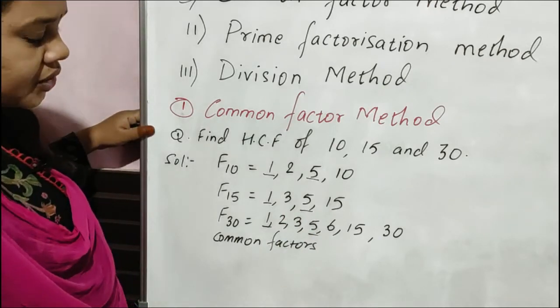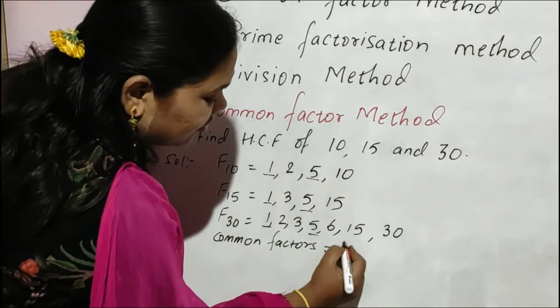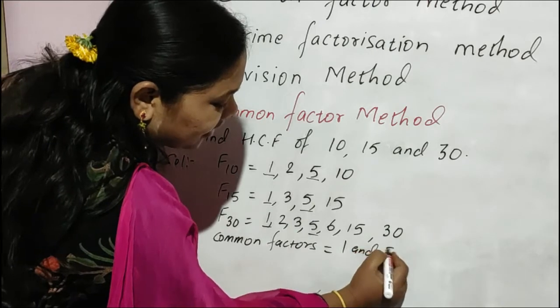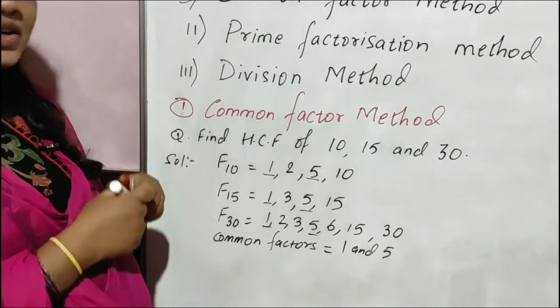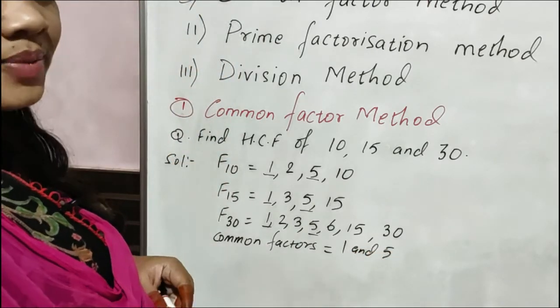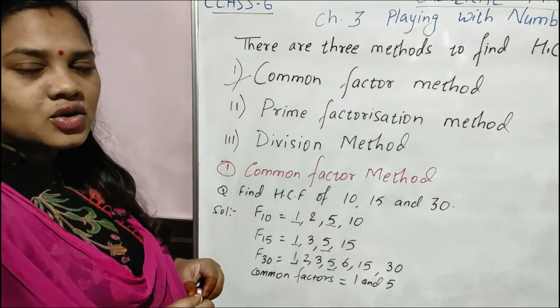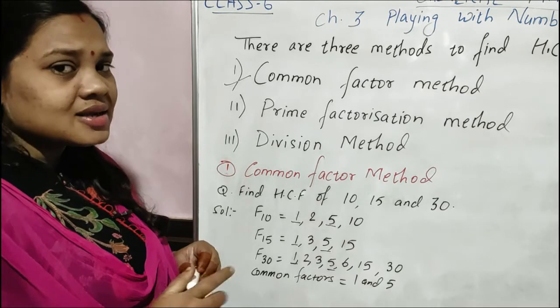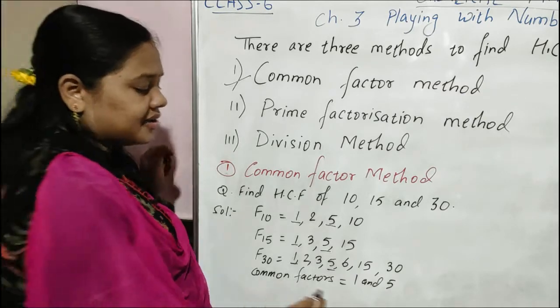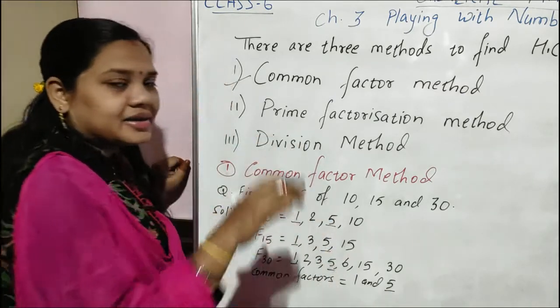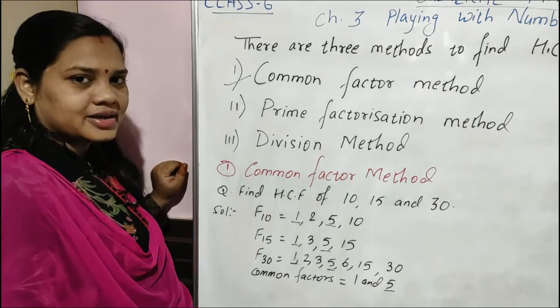Again any number? No. So common factors are 1 and 5. 1 and 5 divide all these numbers exactly. In this, highest is what? Highest is 5. Highest common factor.